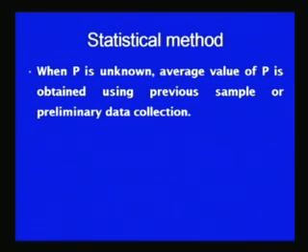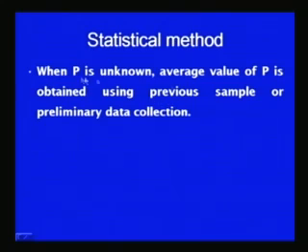And to have a rough estimate of the percentage of occurrence of a particular activity, we may go either for the preliminary study as we have discussed in the last slide. Alternatively, we can also see the data from the previous samples or from the records itself.